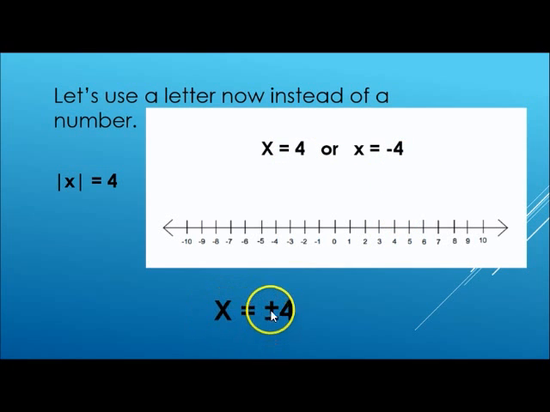X equals plus or minus 4. So that way it cuts down on writing basically the same thing twice. We just write it one time with a plus or minus. And remember that 4 and negative 4 are both 4 places away from 0 on the number line. That's why x can be either one of the two numbers, 4 or negative 4.